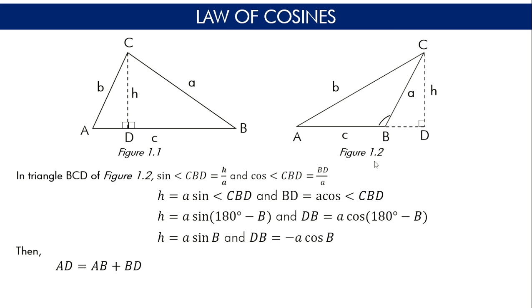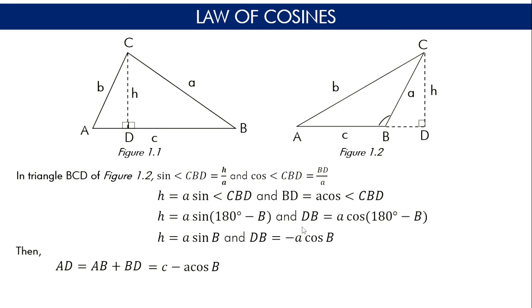Here in this figure 1.2, the length of AD is equal to the sum of the lengths of AB and BD. The length of AB here is c. And the length of BD here, as we identified earlier, is negative a cosine B. So if we substitute that, we'll obtain c minus a cosine B.